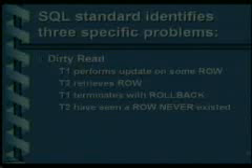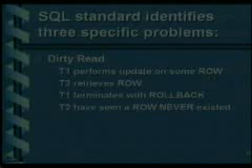What are the SQL standards related to this? Well, SQL standards identify just three specific problems. They are dirty read, which is when T1 performs some update on some row, T2 retrieves the row, and T1 terminates with rollback, so T2 has seen a row which never existed. In fact, let's not go into the details of these three problems.